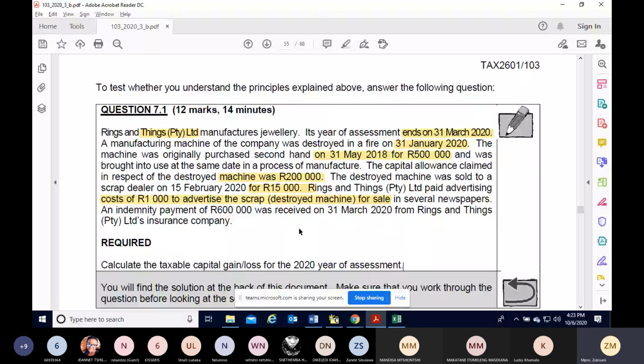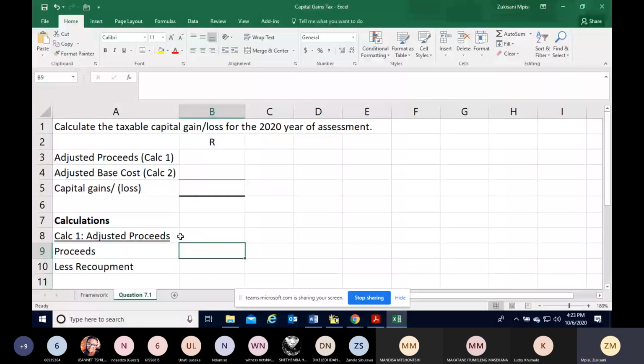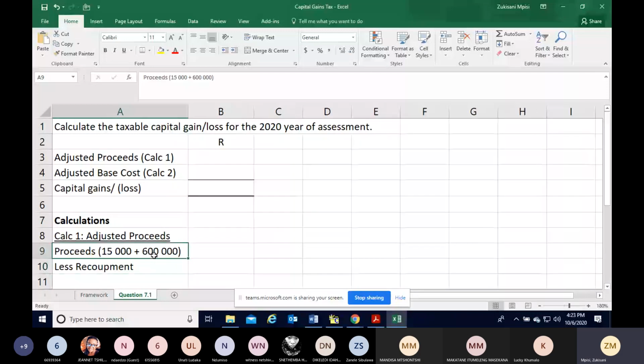So in this particular case, our proceeds are 15,000, which is clear, where we sold to a scrap dealer, but we also have 600,000, which was received as an indemnity. This is proceeds because we have received money in respect of the disposal.